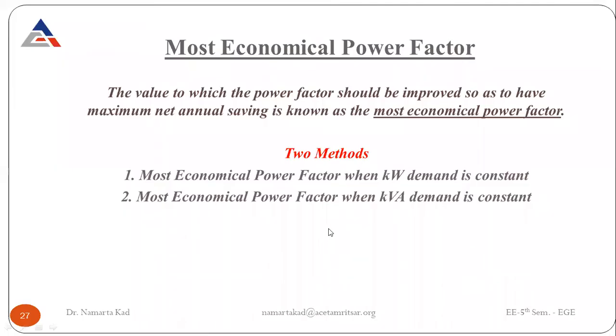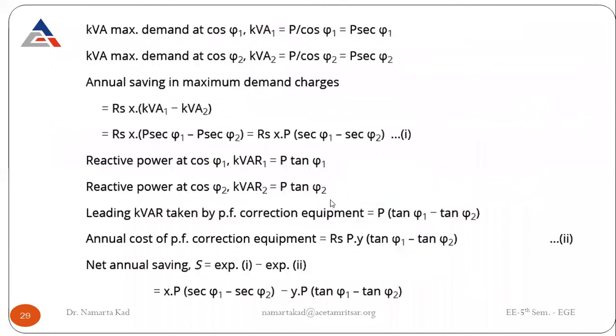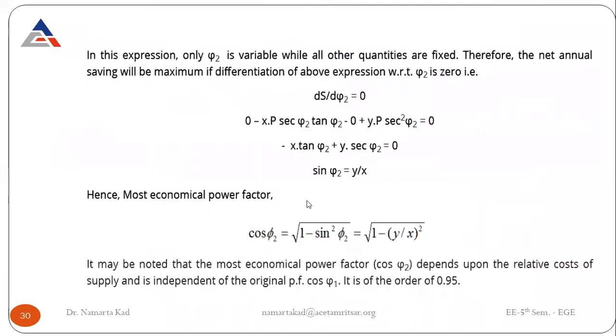So now let's see on the PPT. This is the same derivation that we have recently covered on the board, the most economical power factor when kW demand is constant. Initially phi 1 is there, finally phi 2, and upon solving, sine of phi 2 comes out to be y by x.